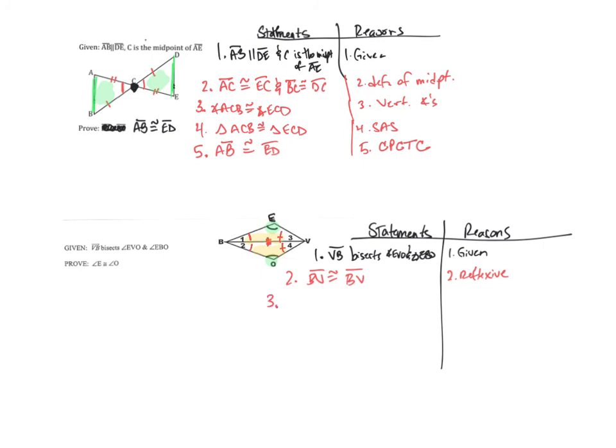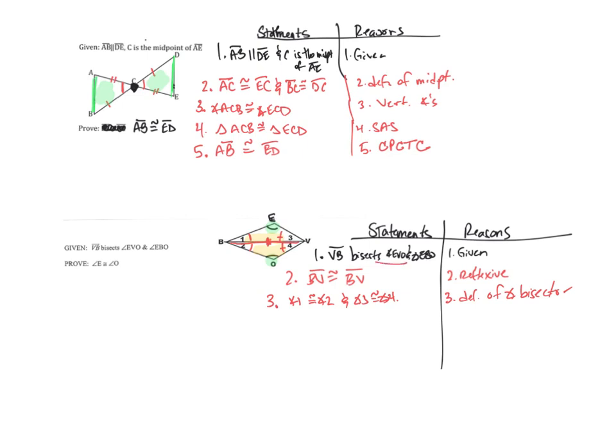So let's write that up. So angle 1 is congruent to angle 2, and angle 3 congruent to angle 4. This is by definition of angle bisector because this cut those angles in half. That's what we were told.